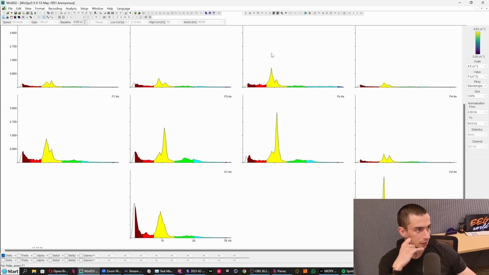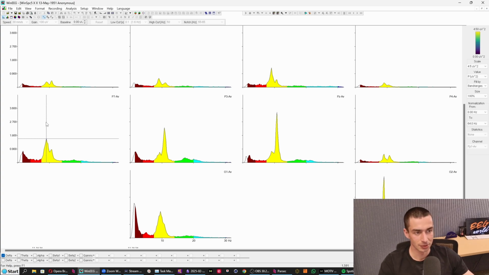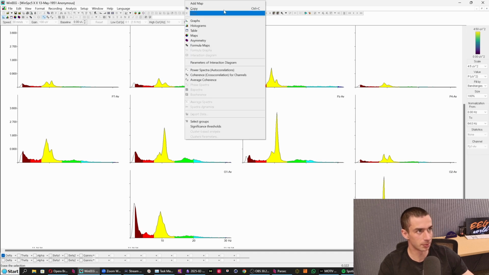And we see a slower alpha peak, which again could be a sign of ischemic changes, blood flow changes, and potentially arousal instability. So I'm going to create a map for that. This beta activity is real beta activity.